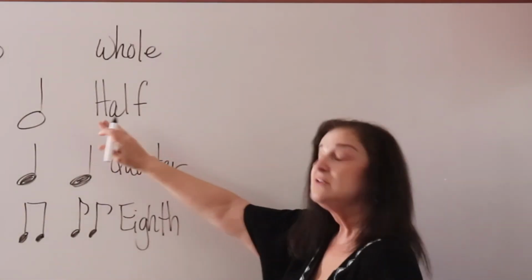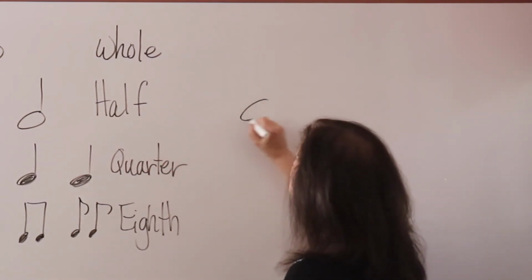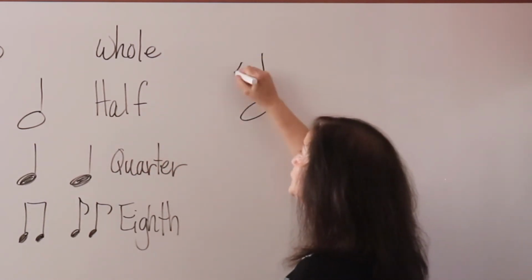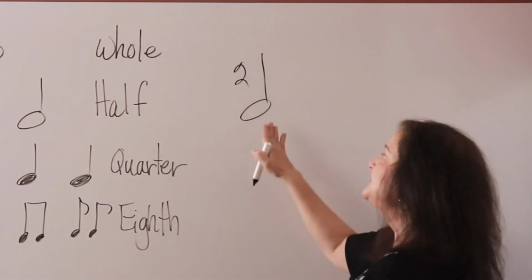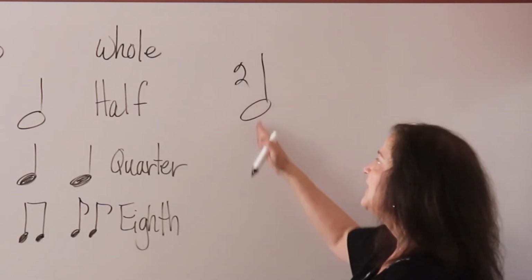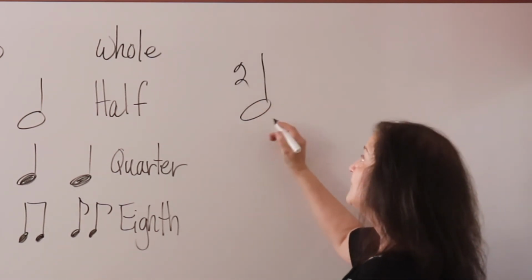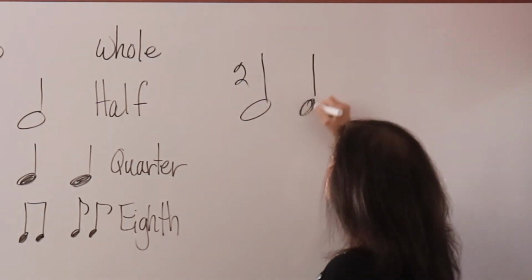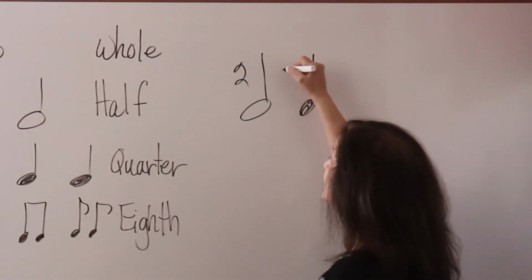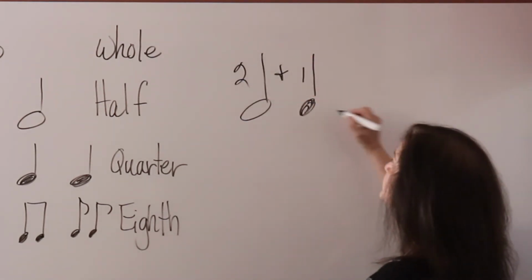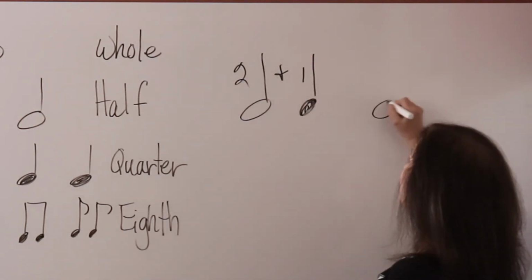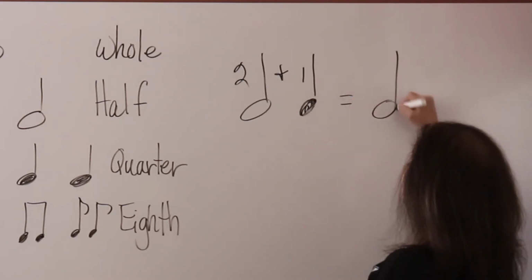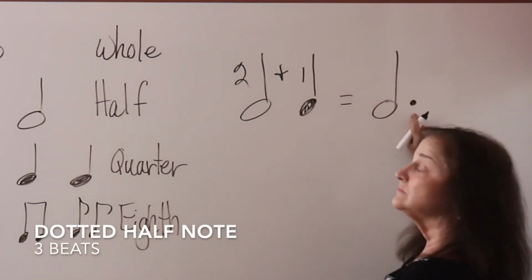If I have a half note, which is equal to 2 beats, I take that note, I divide it in half, so half of 2 is 1, so it's a quarter note, so it's 2 plus 1, right? And that creates what we call a dotted half note.